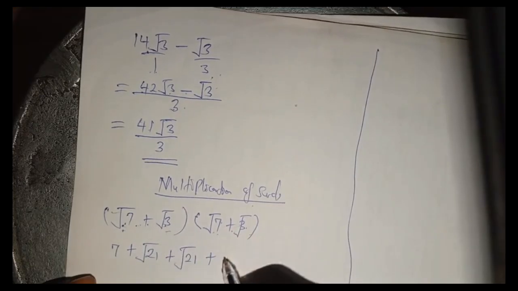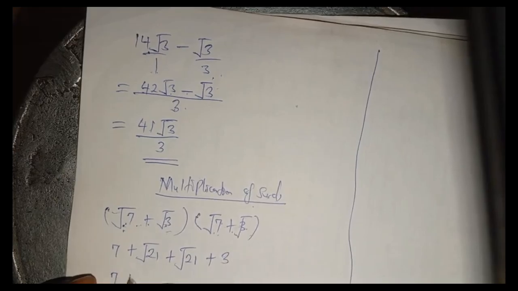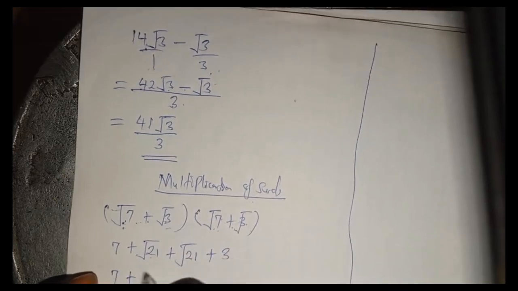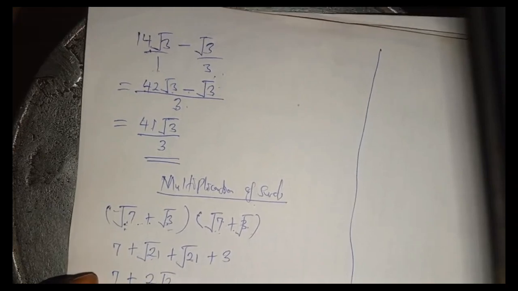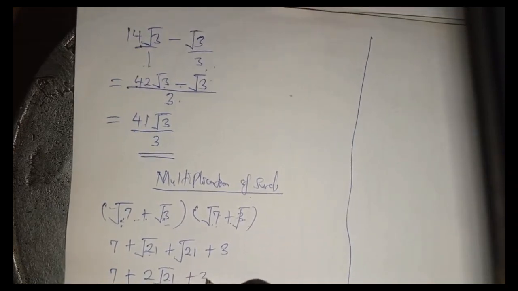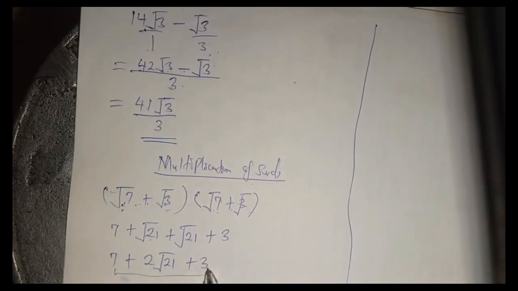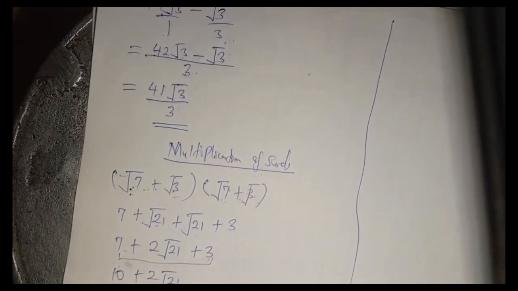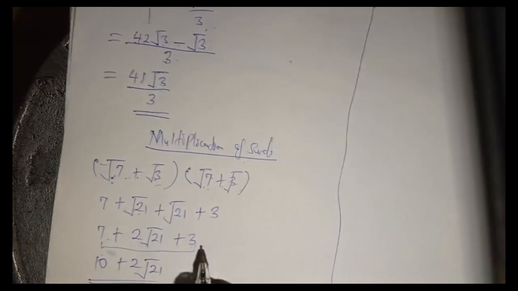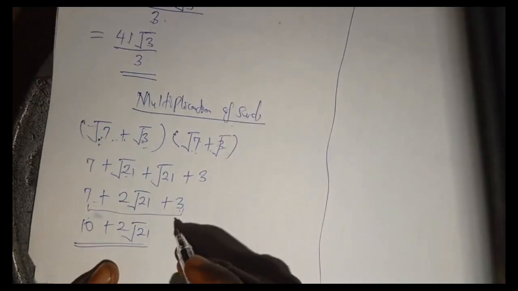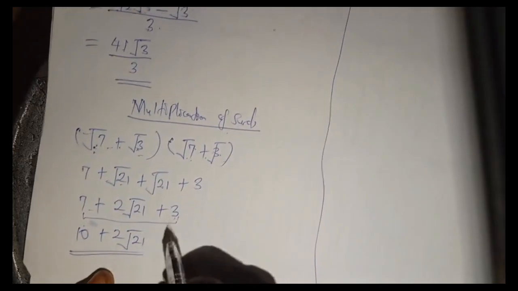Root 3 times root 3 is 3. Therefore, 7 plus root 21 plus root 21 is 2 root 21, and plus 3. So you can add this: 10, right? Plus 2 root 21. We can stop here. 10 plus 2 root 21.